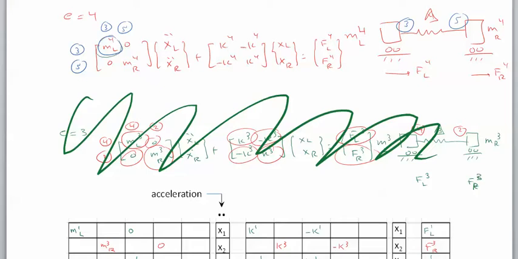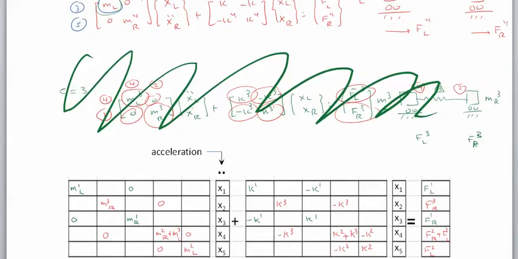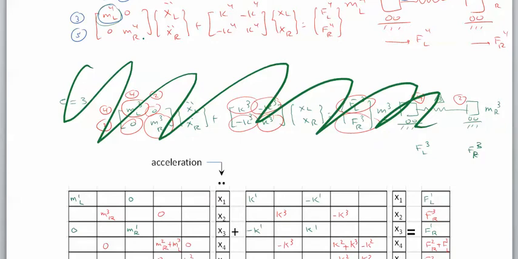Okay. So M4L. This is going to go into row 3, column 3. So let's see, row 3, column 3. It's going to be right here, plus M4L. And then that's going to go into row 3, column 5.